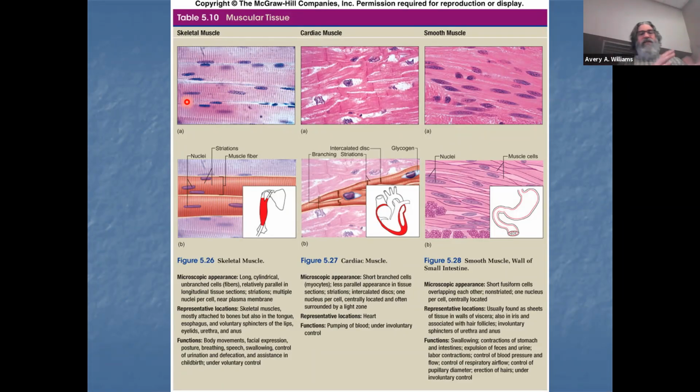Just the arrangement of them, how they're oriented in there, because it's all these proteins. And you'll learn about the function of muscle contraction, all that, in physiology again, but we don't talk about that in here. But that's what you're looking at. Those alternating dark and light bands are the proteins, and it's just an artifact of the skeletal muscle. And so you can see that. So multinucleated, striated, voluntary muscle: skeletal muscle.